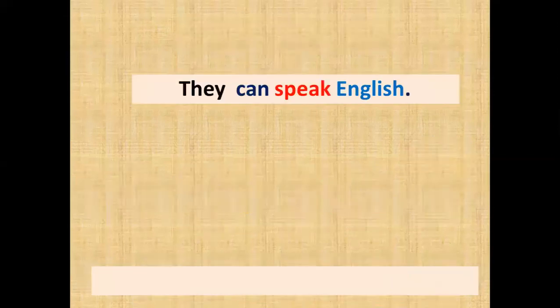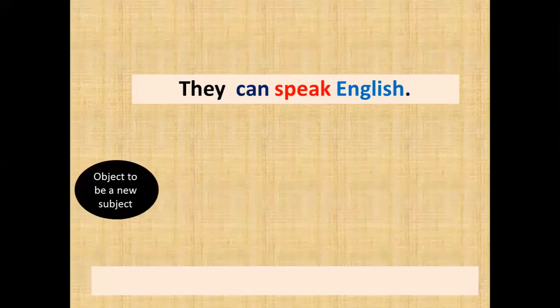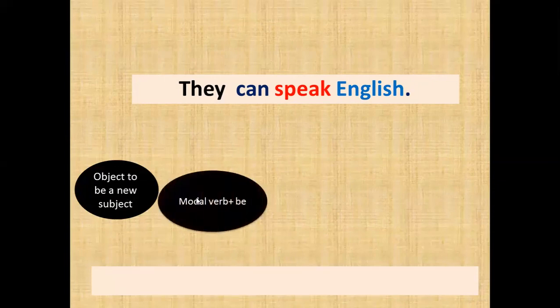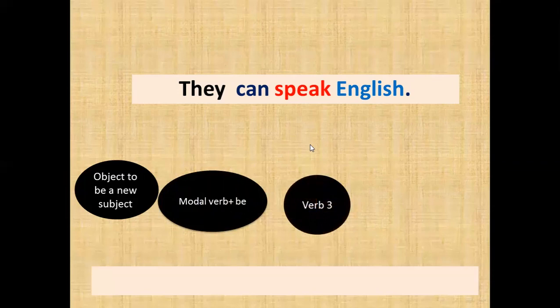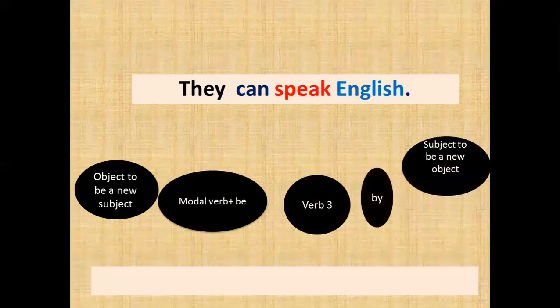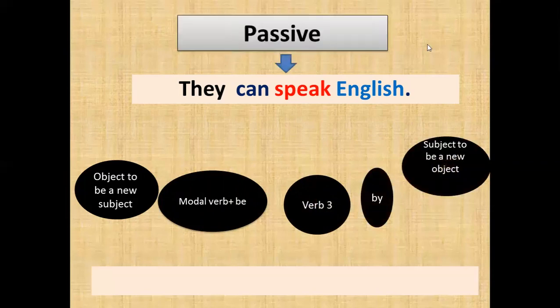So let's move on. They can speak English. Here I ask you to change it into passive. So as I said before, I will start with the object to be a new subject. After that, the modal verb plus be, and the past participle or the third form of the verb. Then by and the object. So I will start with English.